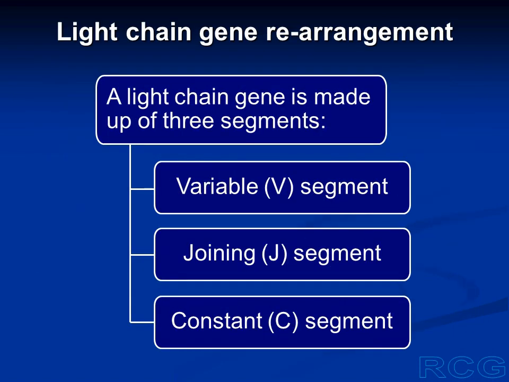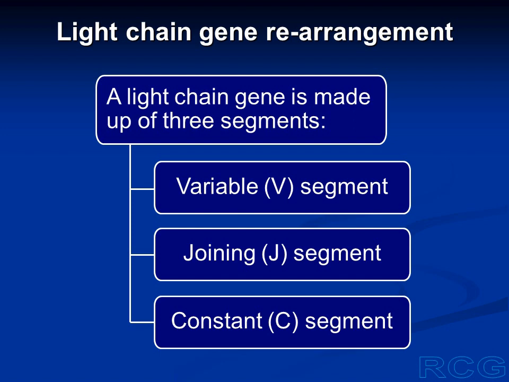As far as light chains are concerned, the light chain gene is split into three segments. So instead of a complete gene present at one place in the DNA, there are three segments which constitute the light chain gene, and these segments are present at different locations.